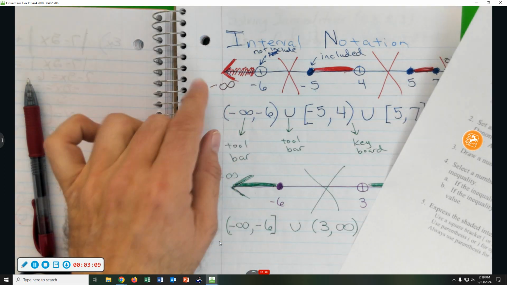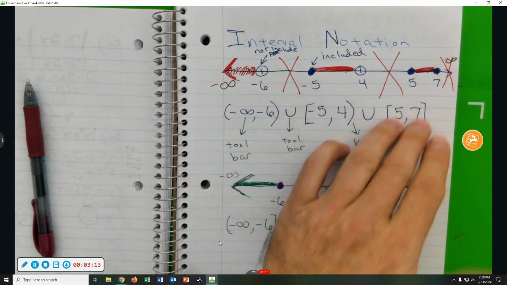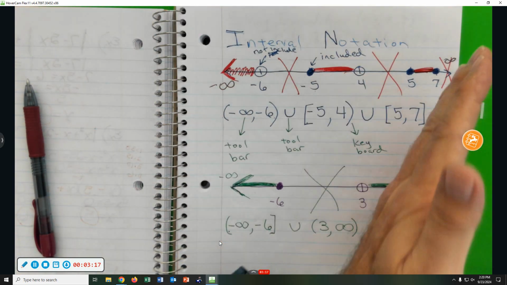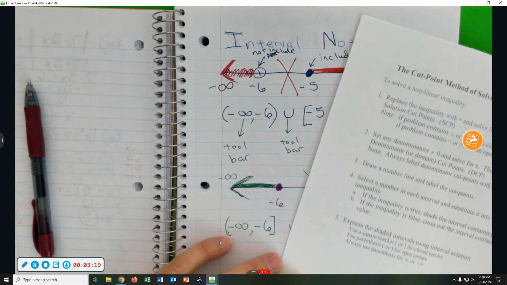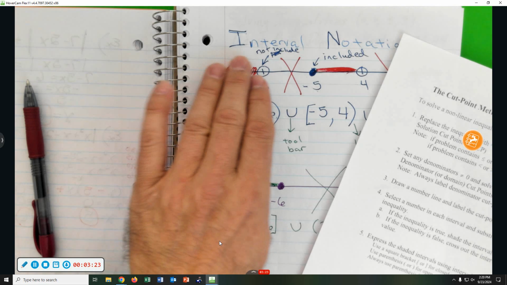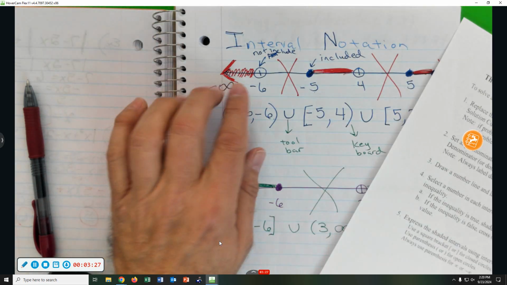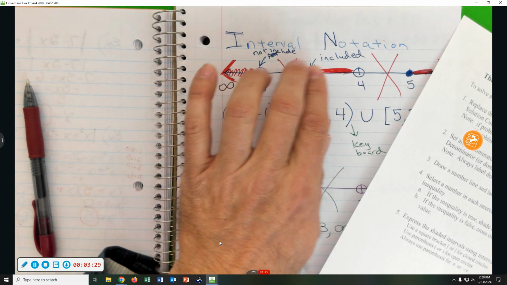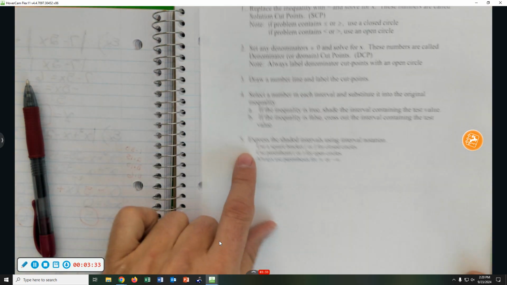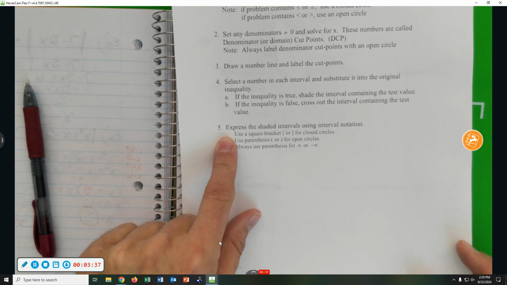In the 3rd step, you draw the number line and label those cut points in numerical order. It's going to be crucial that you have those numbers in numerical order. And then the 4th step tells us how to decide which regions to shade and which regions to cross out. We're going to be choosing a number in each interval and plugging it in. And then the last step, express the shaded intervals using interval notation.